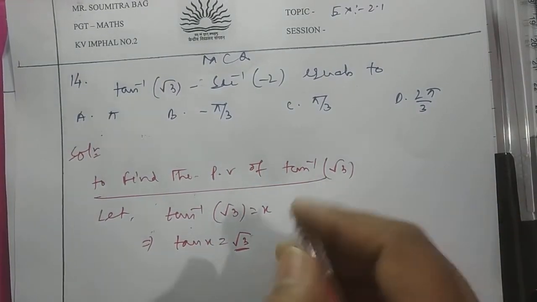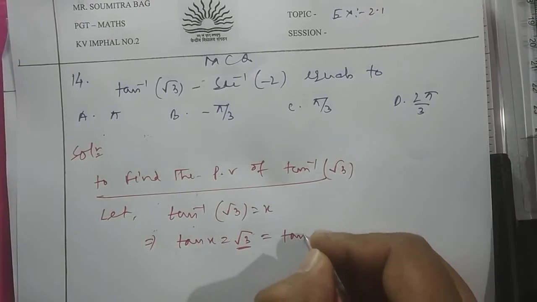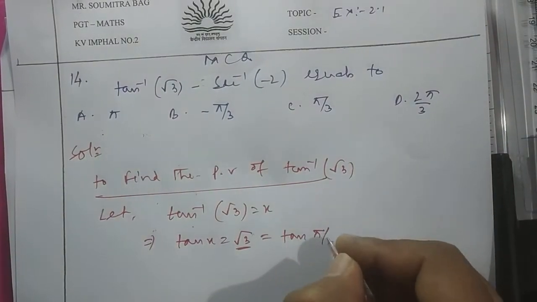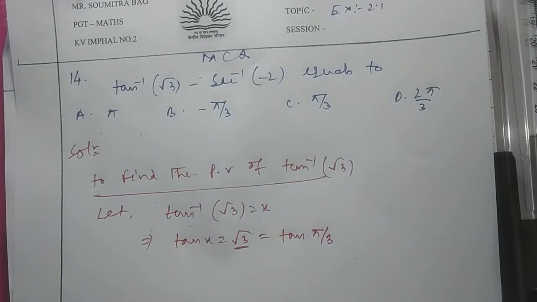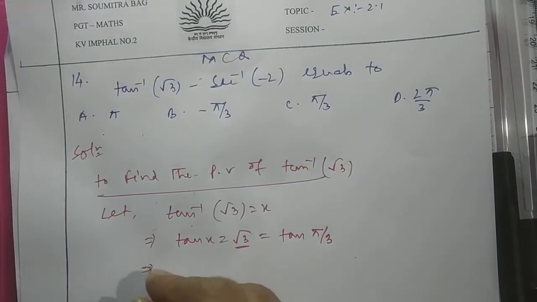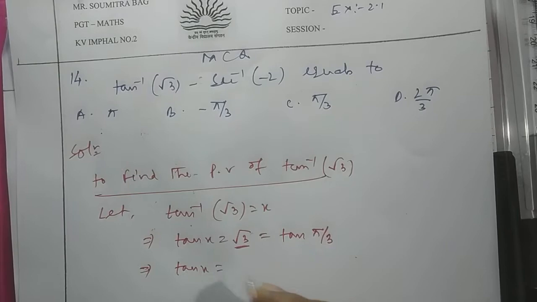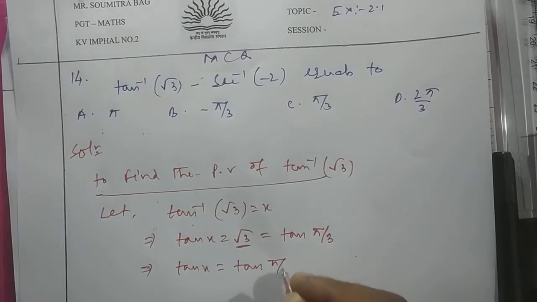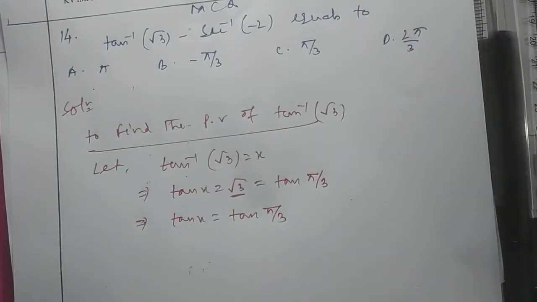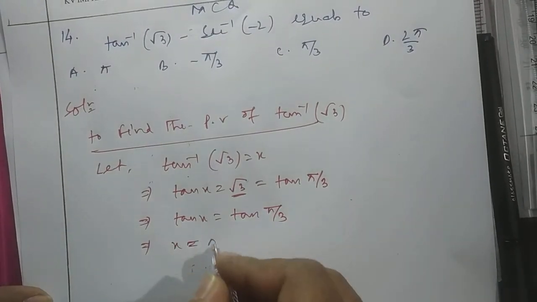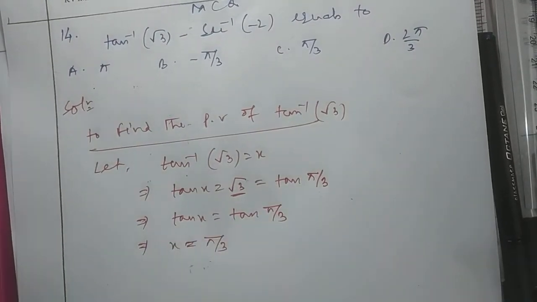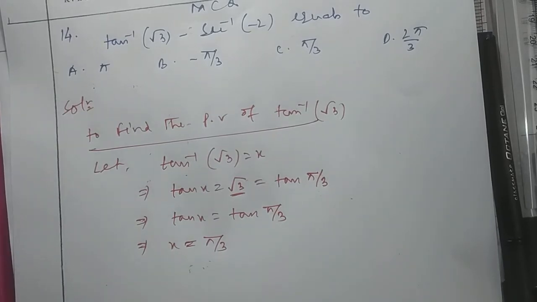We know tan 60 is root 3, so it will be tan pi by 3. So ultimately we get tan x equal to tan pi by 3. Correct? So from here we can get x equal to pi by 3 on comparing on both sides.